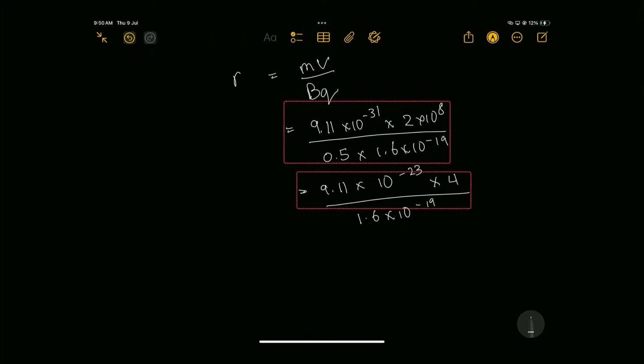Now this is 9.11 times 10 to the negative 23 minus negative 19, which is negative 4.